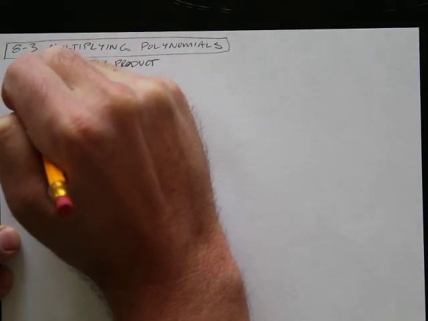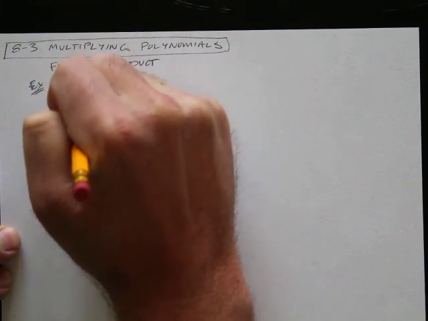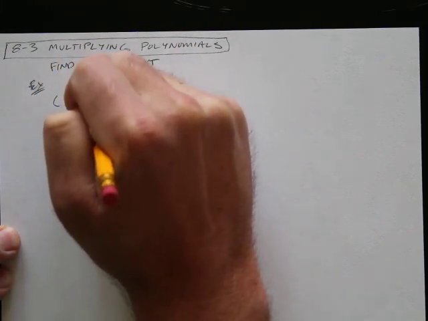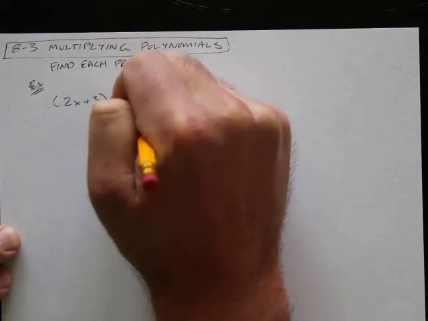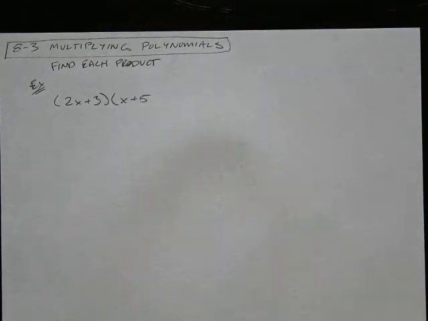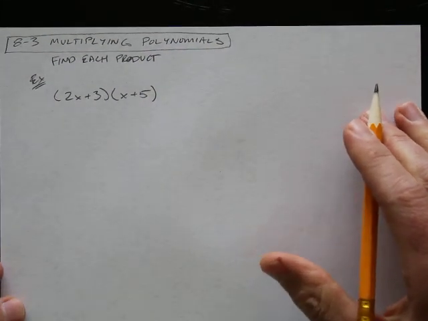And here's an example. I am going to multiply two binomials together: 2x plus 3 times x plus 5. And the way that I'm going to do that is going to use a method called FOIL.